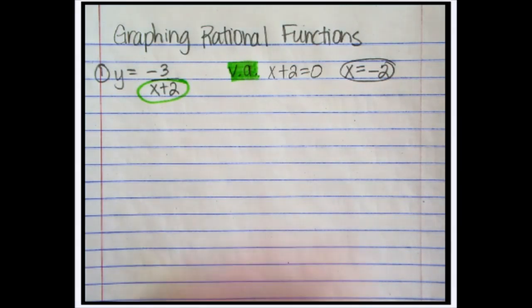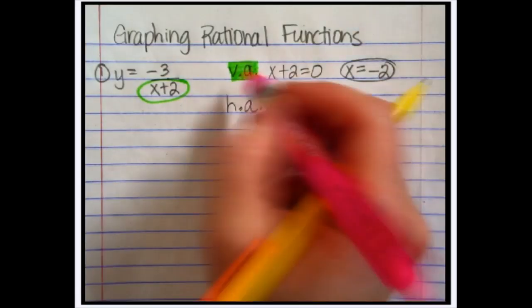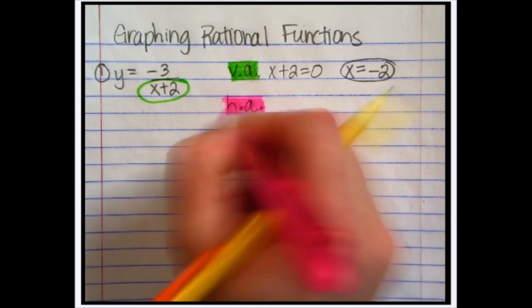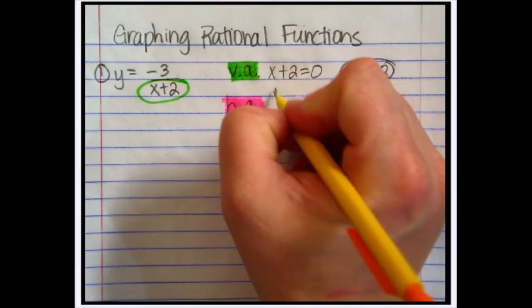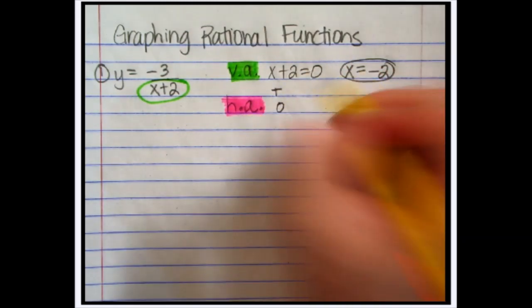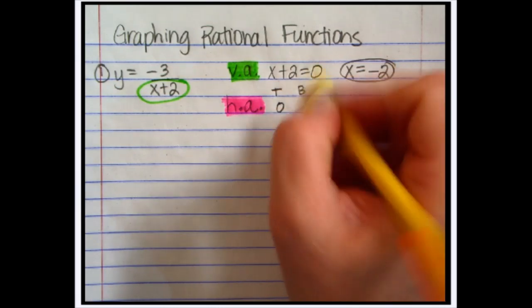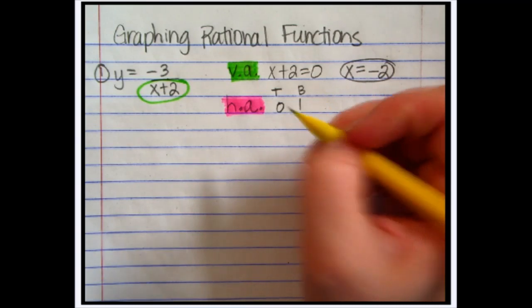Next, we look at our horizontal asymptote. As you recall, hopefully, we found our horizontal asymptote by comparing our degrees. We look at the top degree, which in this case was 0, and our bottom degree was 1. We ask ourselves, how does 0 compare to 1?